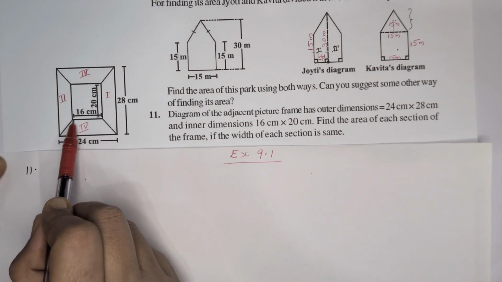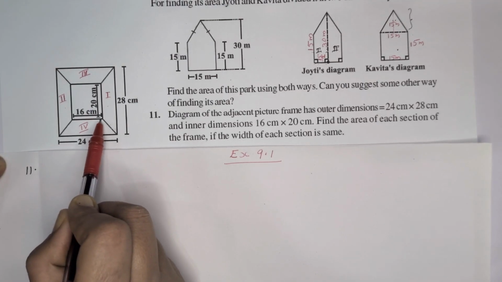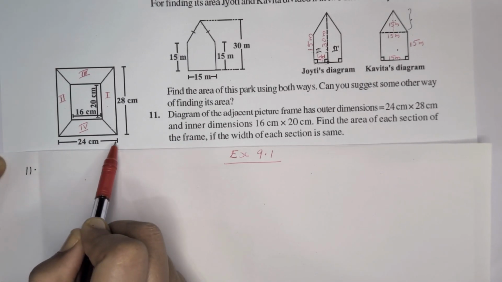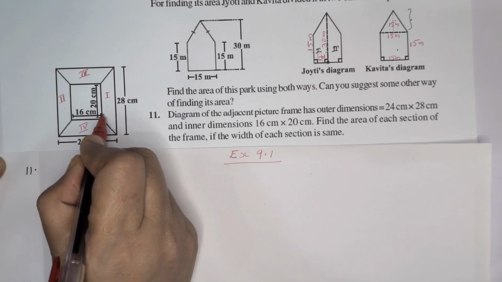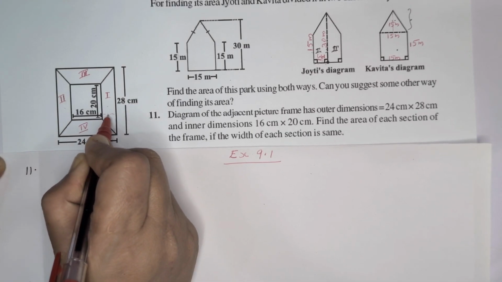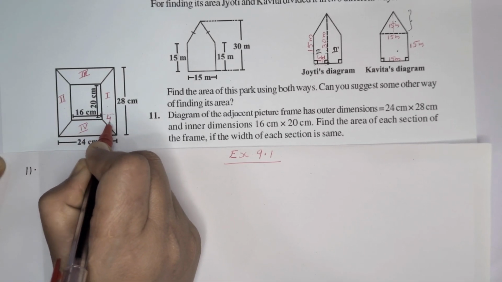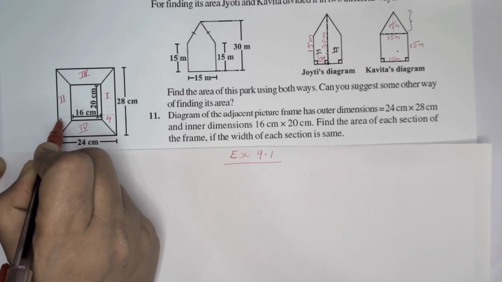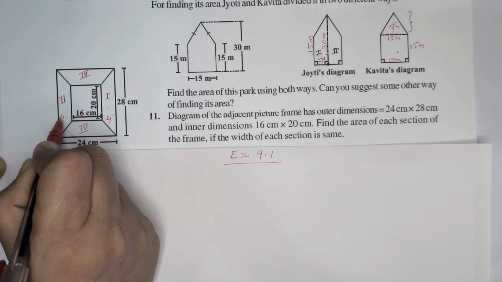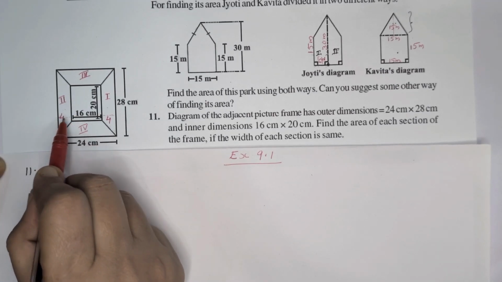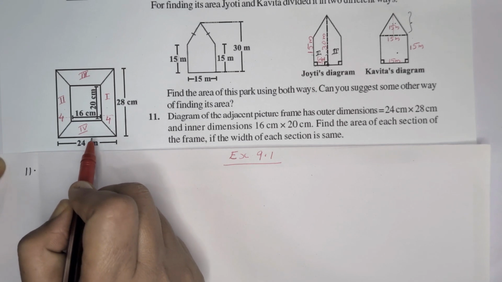We can see the inner dimension 16 centimeter, and this is 24 centimeter, which means each side is 4 centimeter. This also 4. 16 plus 4 is 20, 20 plus 4 is 24.